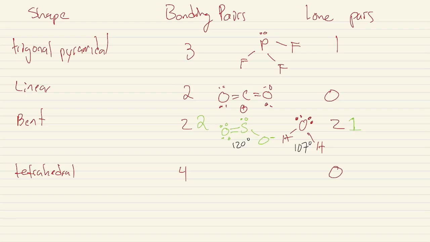An example of something tetrahedral would be methane, which is carbon bonded to four hydrogens. This is a tetrahedron, right? It has 4 triangular faces right there. That's just what that shape is called.